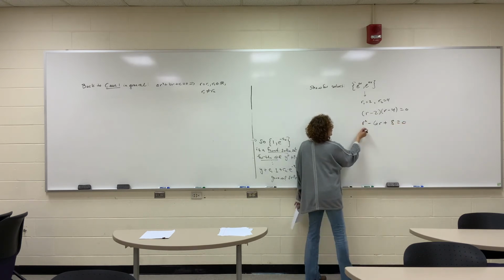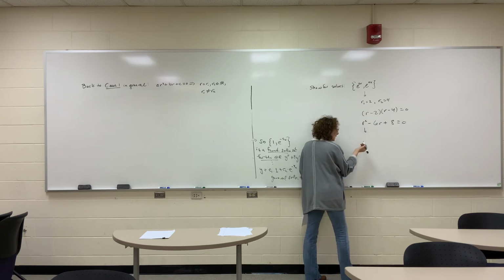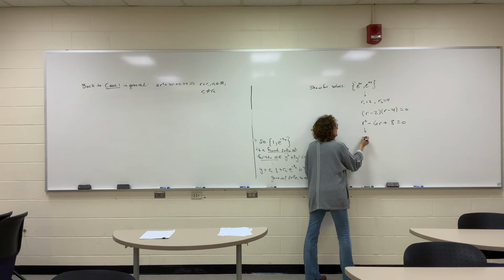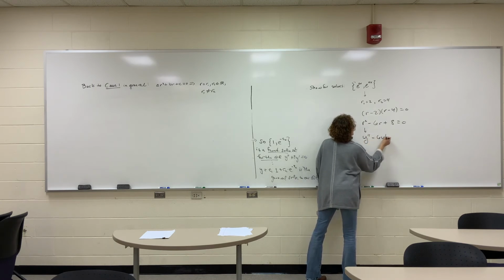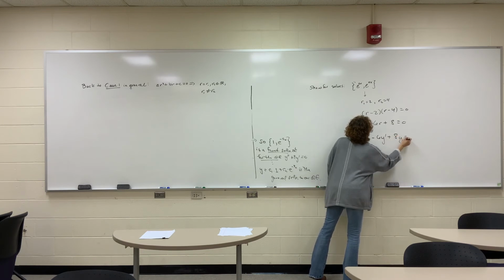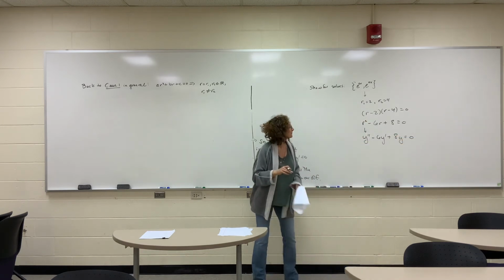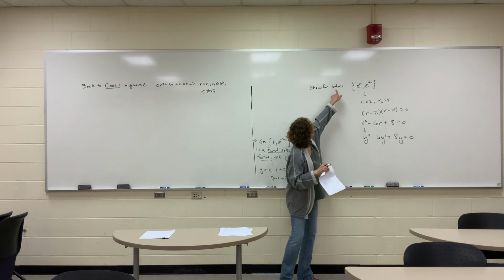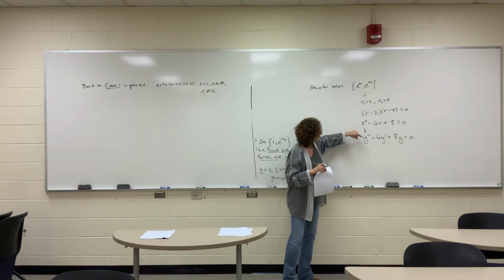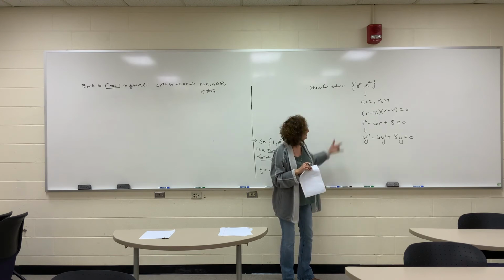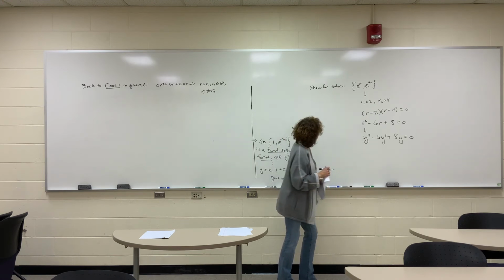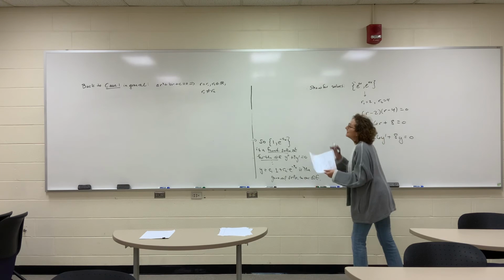If that was the characteristic equation, then what constant coefficient second order differential equation generates it? y double prime minus 6y prime plus 8y is equal to 0. And so that would mean that this is a fundamental solution set for this equation, and therefore if I do a linear combination of those, I have a general solution. All right, we're back to here.